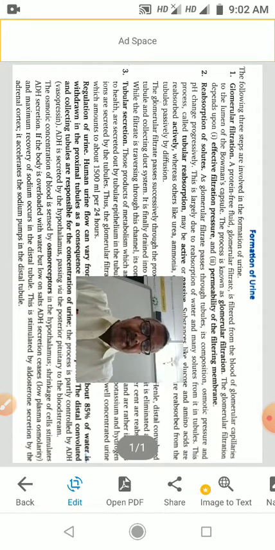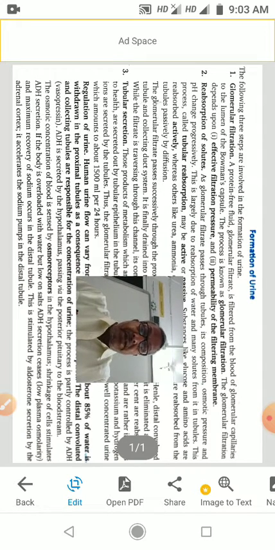So the filtration of the blood from the glomerular capillaries into the lumen of Bowman's capsule under the influence of extraordinary force or pressure is known as ultrafiltration, or it is also known as glomerular filtration.